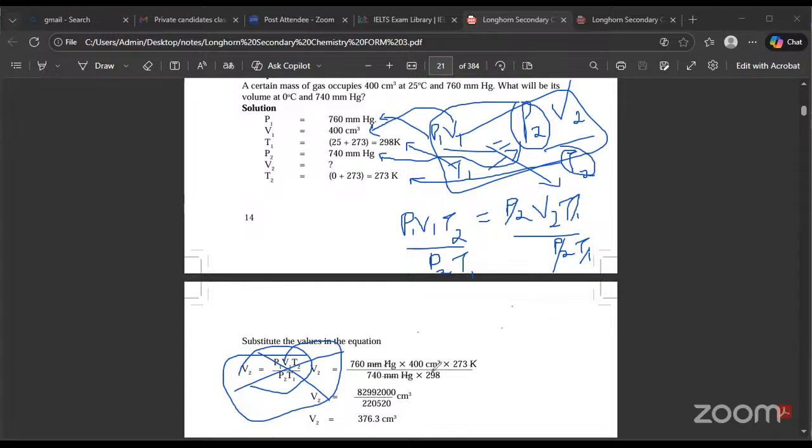So you now remember something else I almost forgot when I was talking. Don't leave out the units when you're writing that one. So unaona hii imeandikwa 760 millimeter mercury, 400 centimeters cube. James is seconding, saying your way is better to avoid confusion. So yeah, to avoid confusion, and we are looking for these marks.